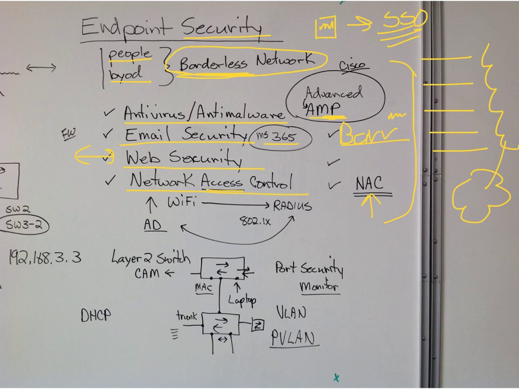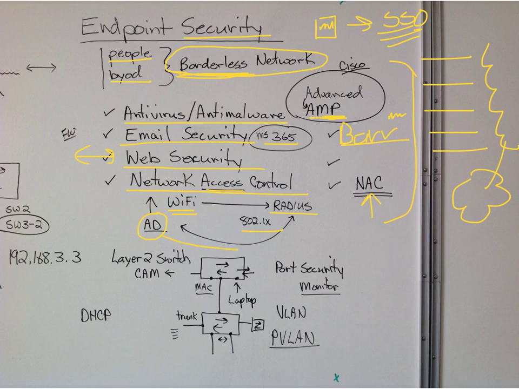For example, at NIAC, when you connect to the Wi-Fi, it checks a radius server and decides if you can get in. So it's really kind of like at layer 2. 802.1x is the protocol. Rather than having to identify with Active Directory directly, if that's a funny way to put it, you check with the radius server.